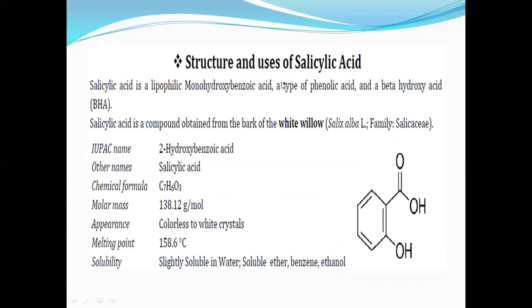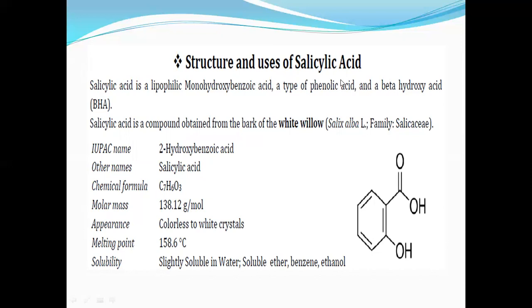The next acid is salicylic acid. It is basically a lipophilic monohydroxybenzoic acid. If we substitute one of the carbon atoms of the benzoic acid molecule with a hydroxyl functional group, it is converted into salicylic acid, a type of phenolic acid and a beta hydroxy acid.